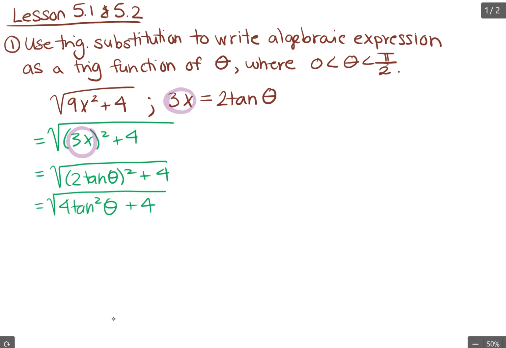And just a quick note on the side, whenever we have tangent squared of theta, we know that that's tangent of theta times tangent of theta. So that's equal to tangent squared of theta. It's also equal to tangent of theta quantity squared. Okay?